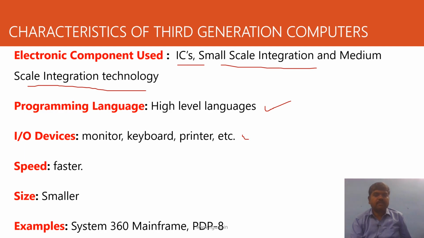For I/O devices, instead of punch cards, we now have monitor, keyboard, printer, and other things. Speed is definitely faster, and it has become smaller. Some examples like System 360 mainframe, PDP-8 are examples for the third generation computer.